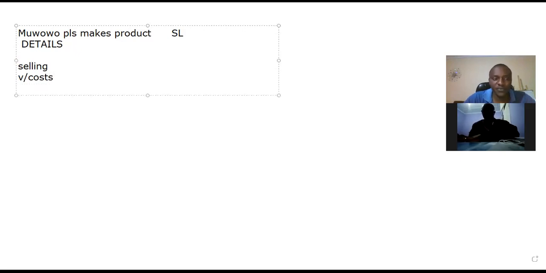But let me just put the figures to add life. Let's put the selling price at 25, and the variable cost at 20, per unit. So here the selling price is kwacha 25 per unit, guys. And then variable costs, let's put at kwacha 20 per unit, guys.